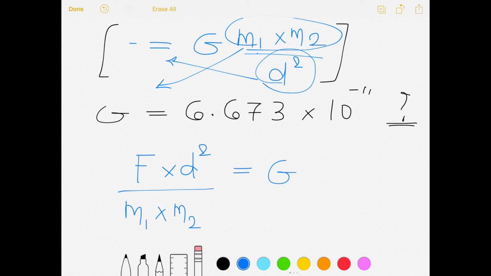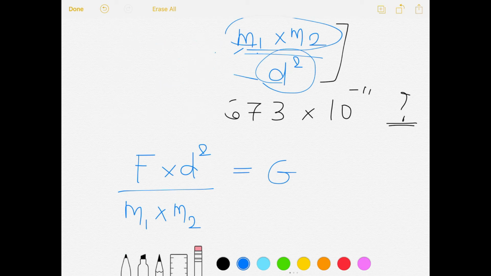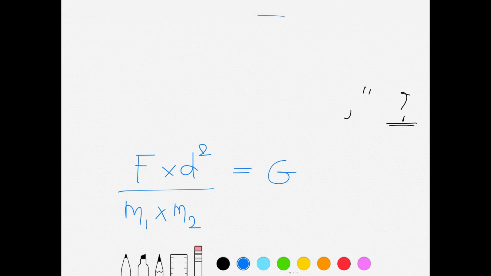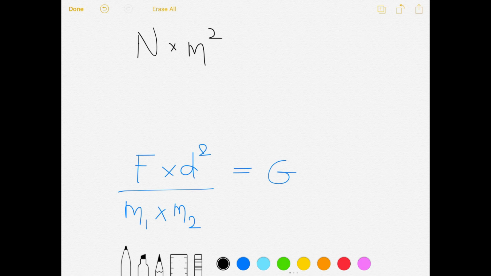Now talking about the unit, F is the force. That means the unit of force is Newton, so Newton multiplied by d square. D is the distance, so the SI unit is meter, so meter squared, divided by mass 1 into mass 2.